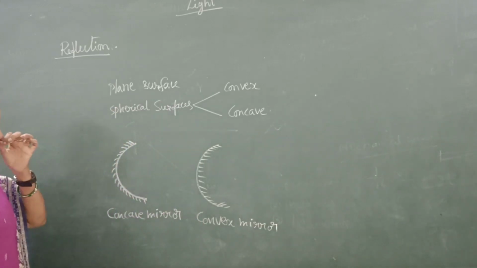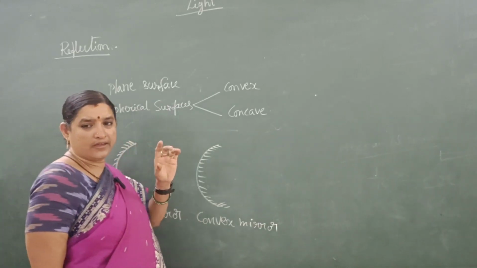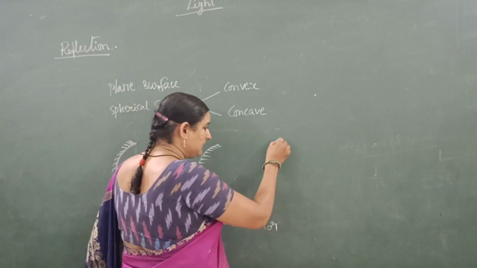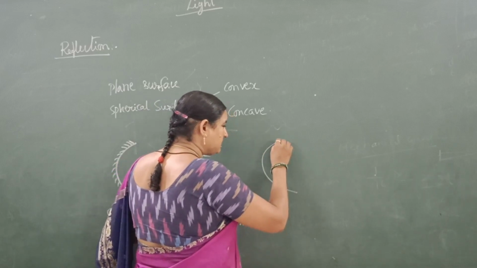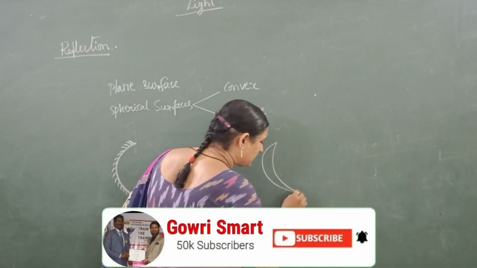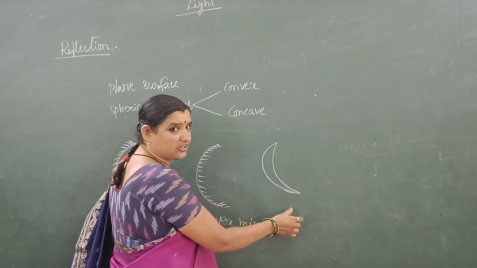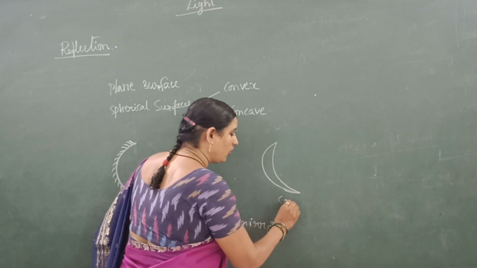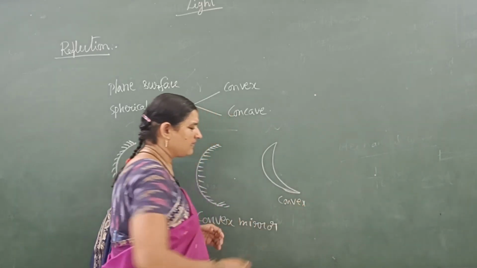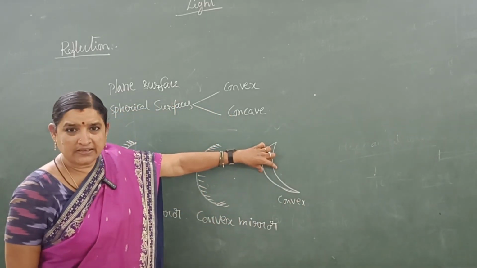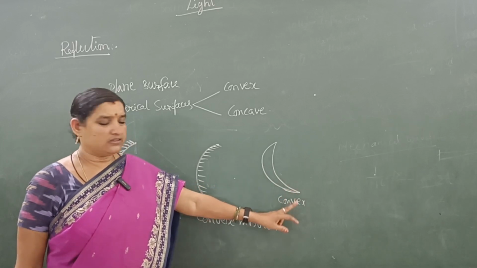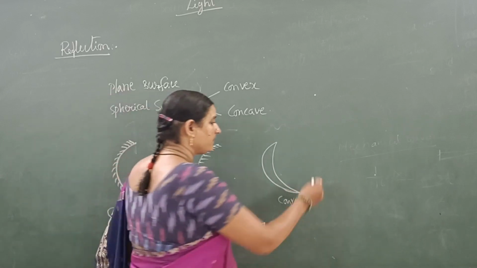Generally, convex and concave have a definite description. For convex, the mid portion is thick and the edges are thin. That is convex.